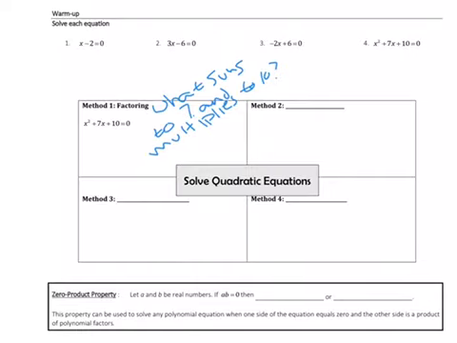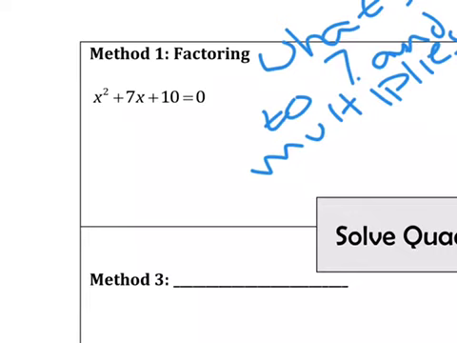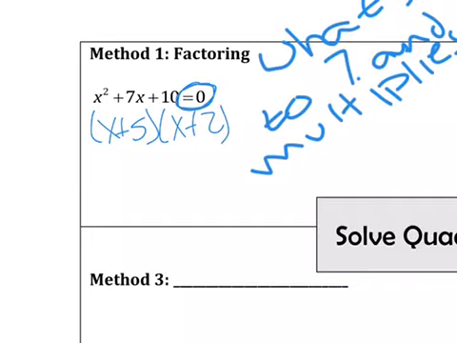Hopefully you guys are screaming at the screen right now, and you know that the answer is x plus 5 and x plus 2. Now the difference in what we've done so far is that we now have this part in here that says equal to 0. So what is the zero product property? Well, that is us making these equal to 0.